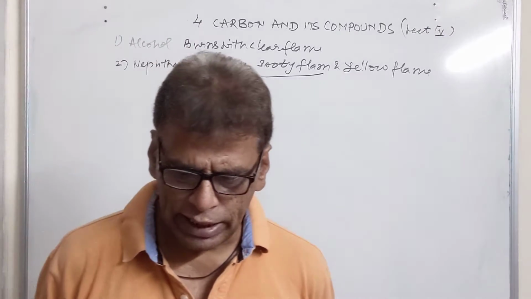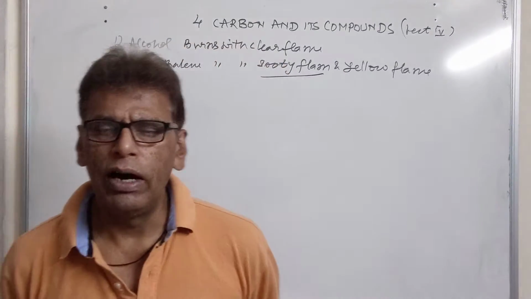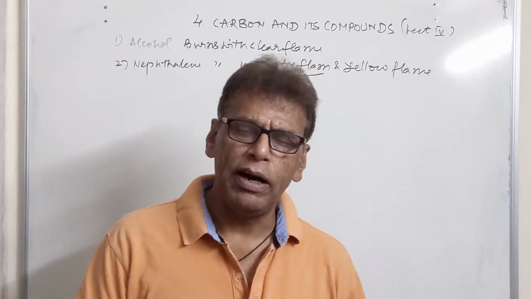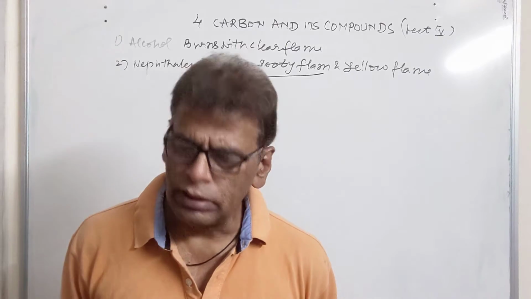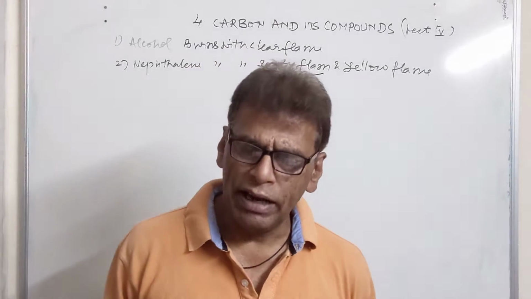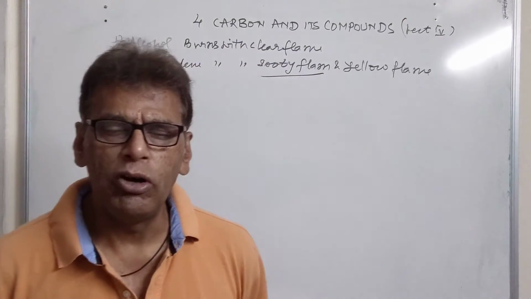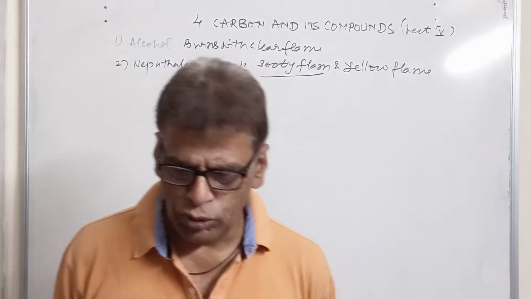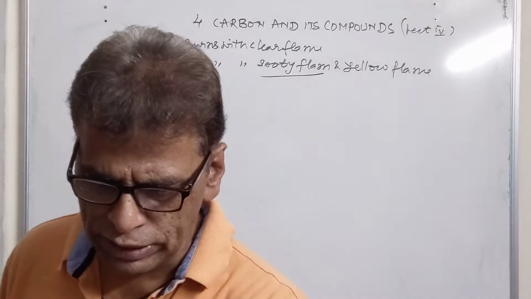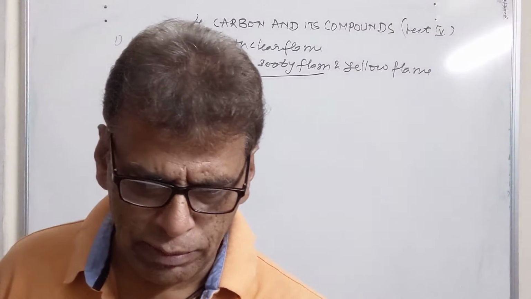And when the hole of the Bunsen burner is opened, it supplies oxygen, and the compound which is then ignited receives a full amount of oxygen and burns with a clear flame. No sooty flame is produced during that process. So this is our activity number 2.